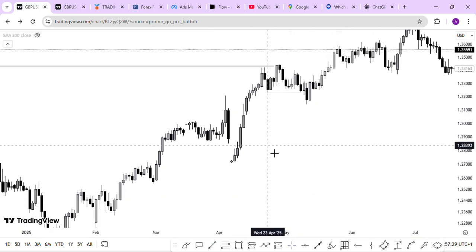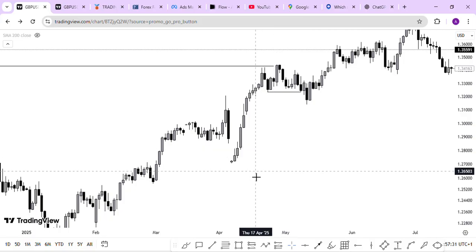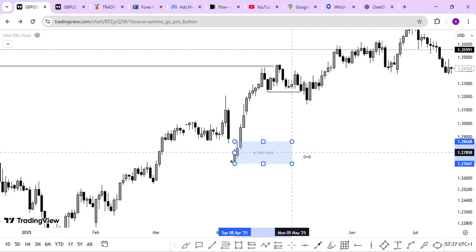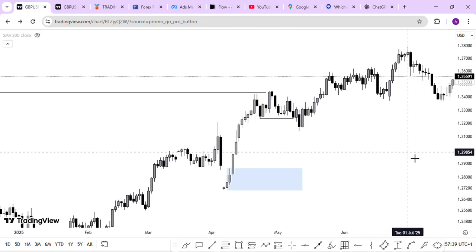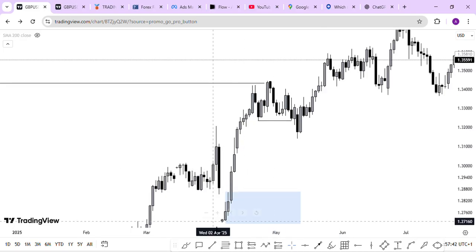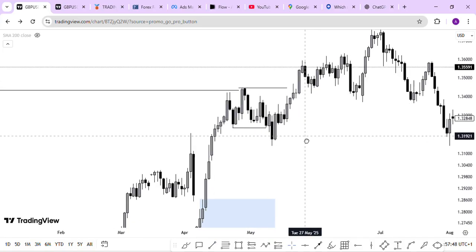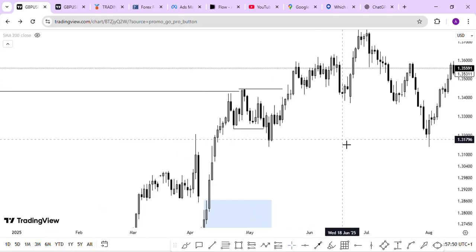If our inducement is here, what we need to confirm a break of structure is that the inducement must be taken out. The market does not promise us POI mitigation. So what matters is inducement. The POI is just the supply or demand level that we're expecting to buy the market from.